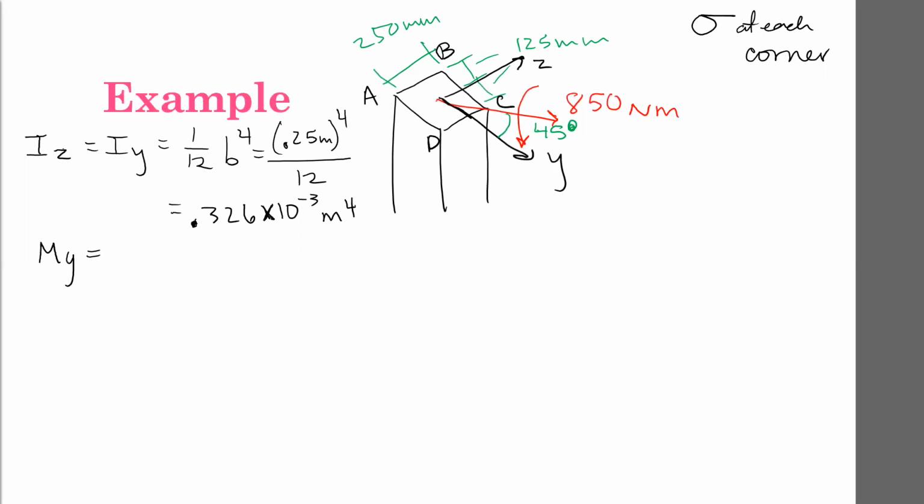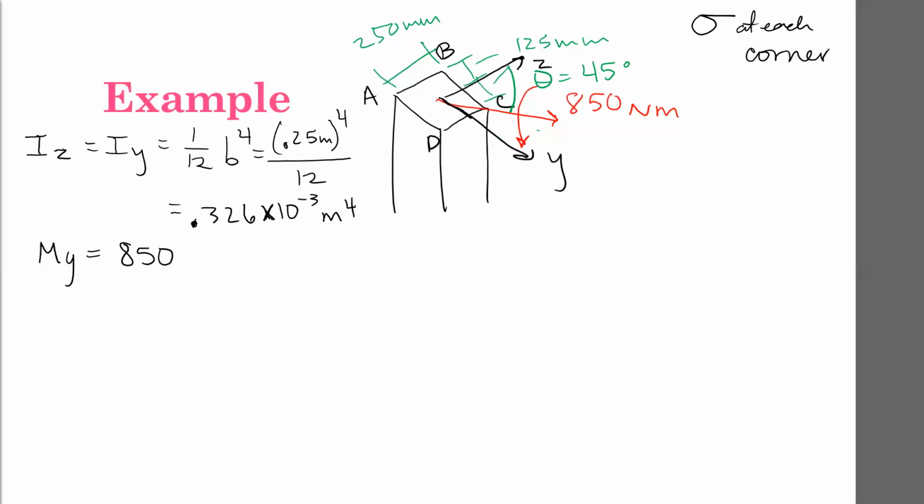The moment about the y-axis, it's going to be 850. Just to be consistent, it's not going to matter, but I want to give you theta with respect to the z-axis, because that's how we defined theta.